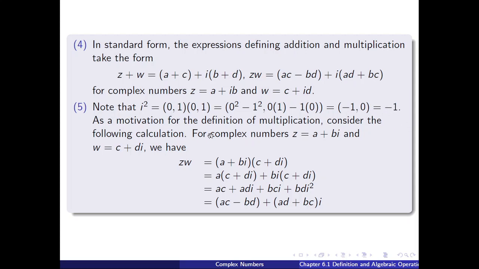So as a motivation for the definition of multiplication, consider the following calculation. If you have complex numbers z equals a plus bi and w equals c plus di, and we do the multiplication, we can see that it becomes (a plus bi) times (c plus di).